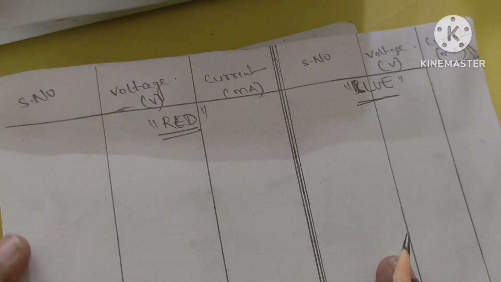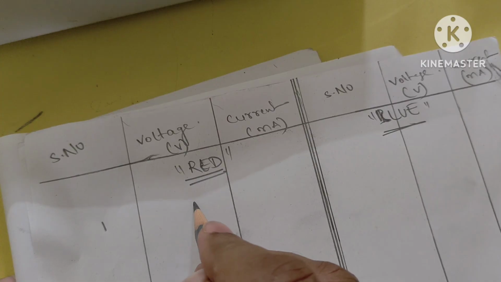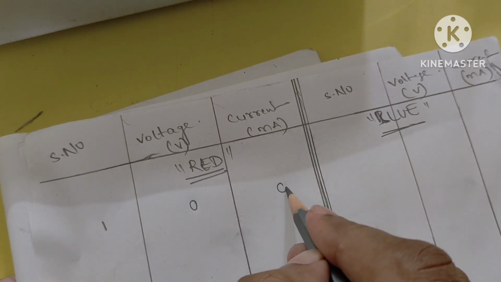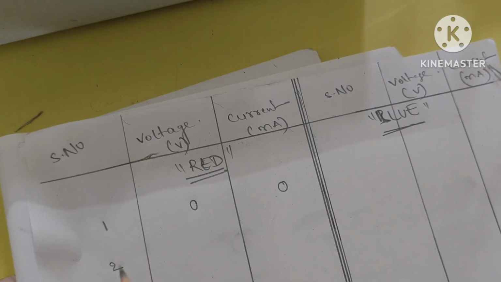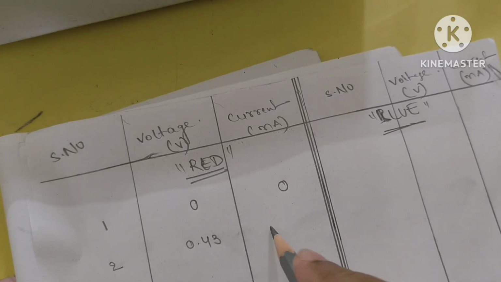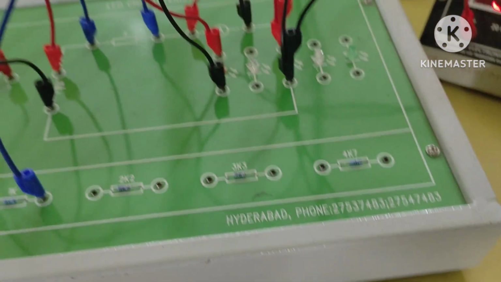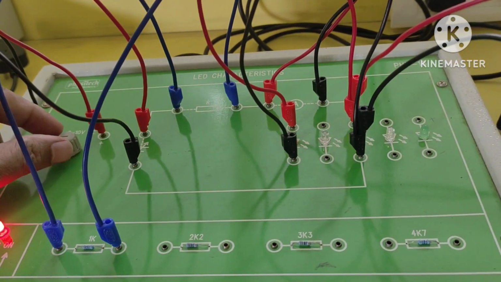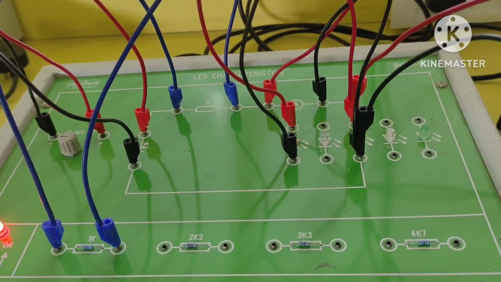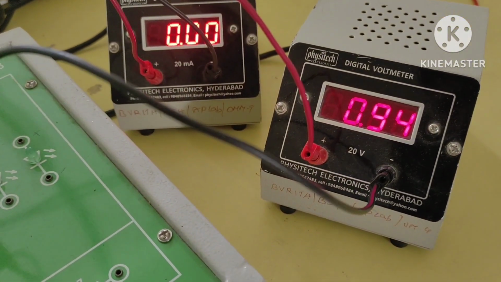See here, this is the observation. First, serial number 1: initially the voltage is 0 and the current is 0. Serial number 2: now I have observed that the voltage is 0.43 but the current is 0. Slowly raise the knob value and observe the current and voltmeter values.